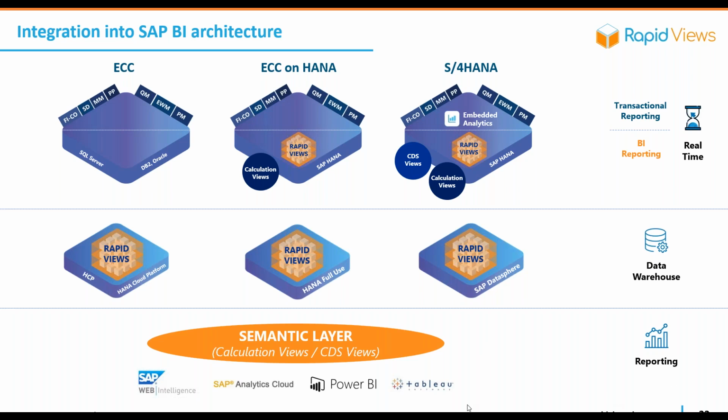And after, the first layer is your reporting tools. You can install our RapidViews Business Content directly to do real time on ECC on HANA. It works extremely well. You can also install it on S4HANA. We have a lot of customers using our technology directly on S4HANA to do some advanced BI reporting.